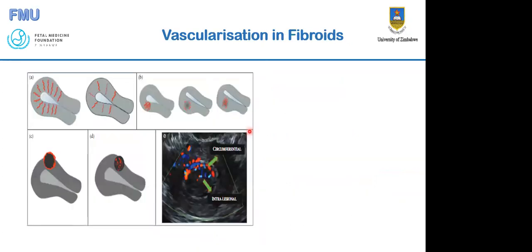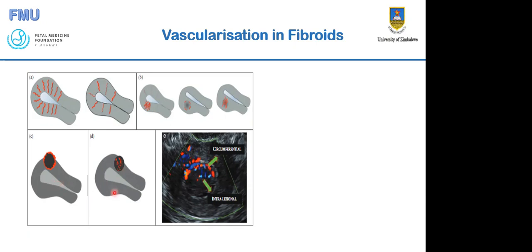So, vascularization. You guys are probably familiar with it, but what is common with fibroids is that they give us a circumferential vascularization instead of an intralesional one. This is very important when you are struggling to say, are you dealing with a fibroid, or are you dealing with an adenomyosis? Because adenomyosis will give you this intralesional vascularization.